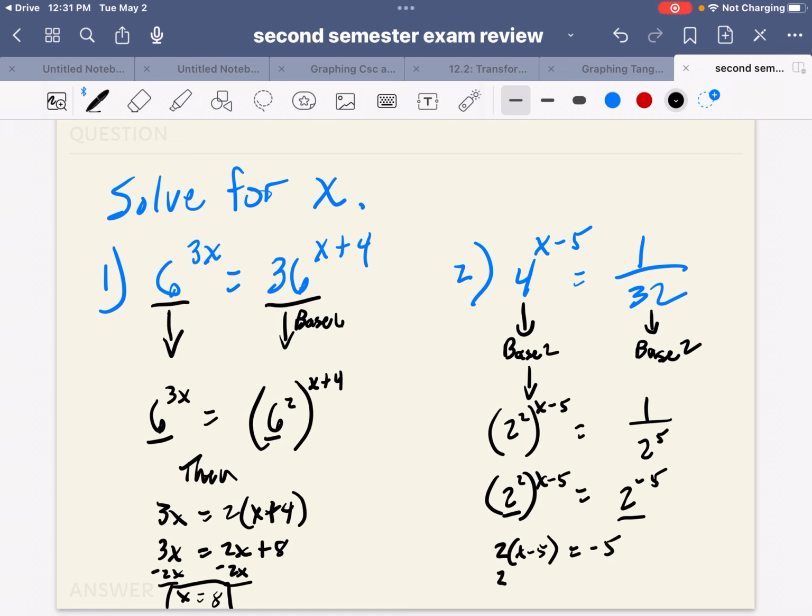So now I can say 2x minus 10 equals negative 5. Add 10 to both sides, 2x equals 5, x equals 2.5 would be the solution to that equation. So hopefully when you're looking back in your materials, you'll see that we learned to solve those types of equations, quiz, test, everything.